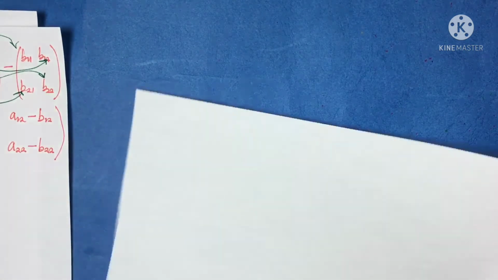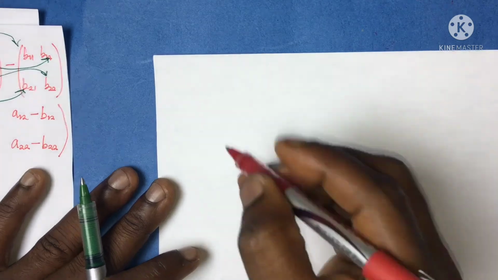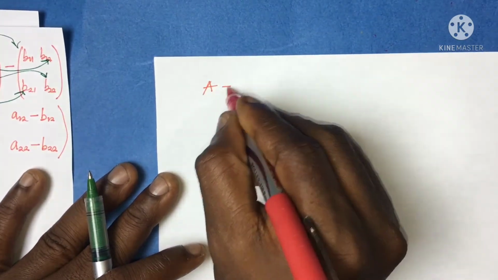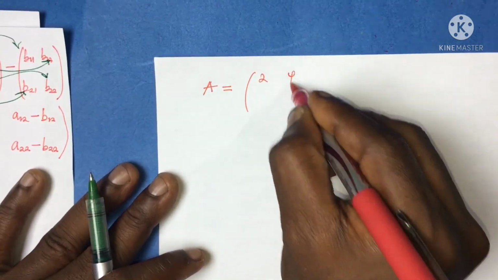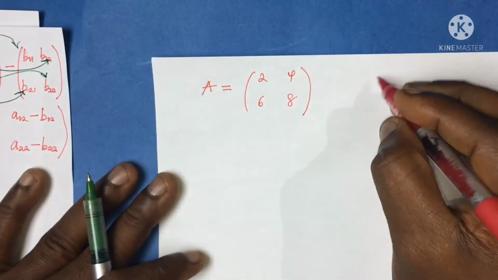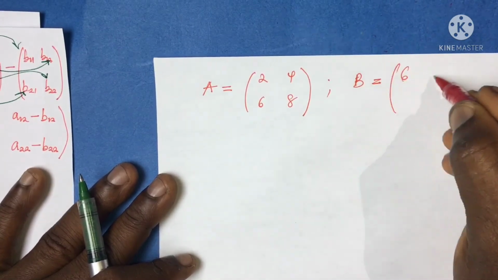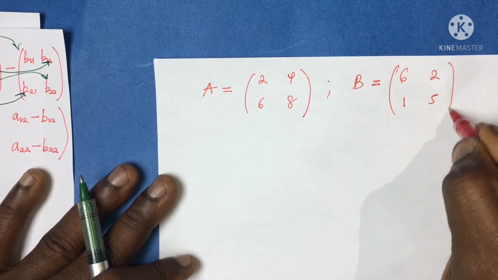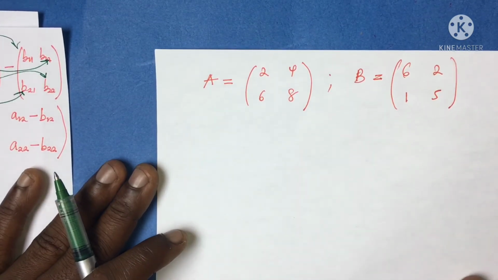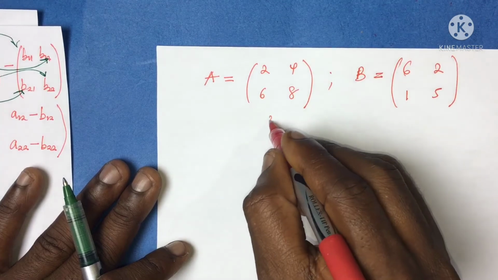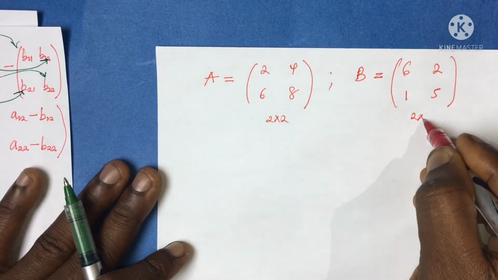Now, if I give you the matrix A equals 2, 4, 6, 8, and another matrix B equals 6, 2, 1, 5. Clearly, these two matrices are conformable because this is 2 by 2 and this is 2 by 2.